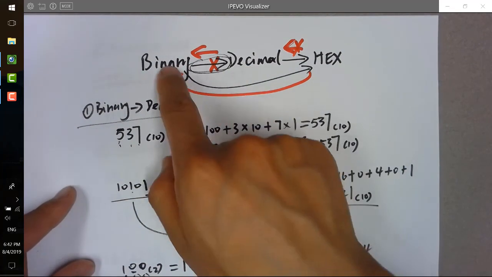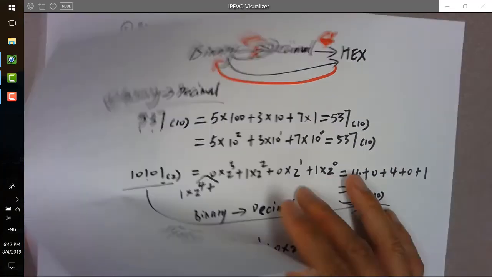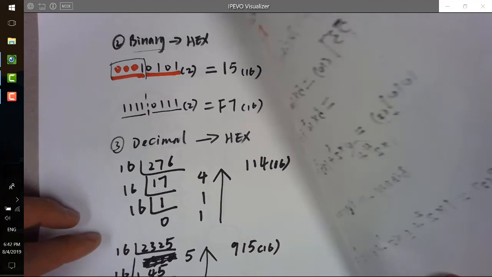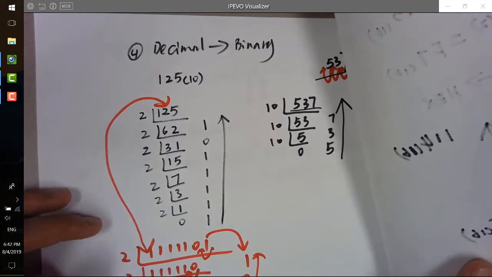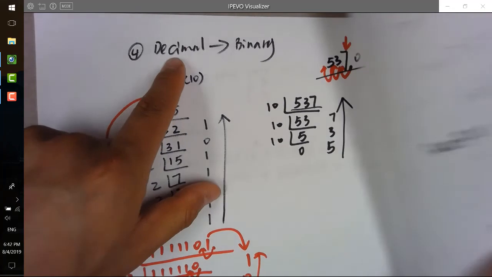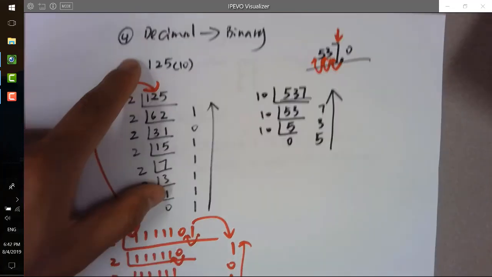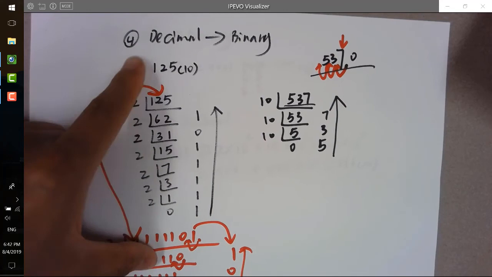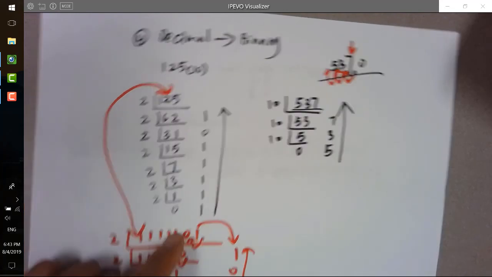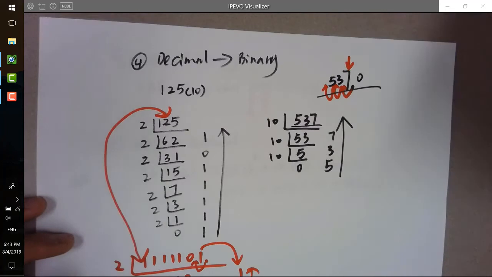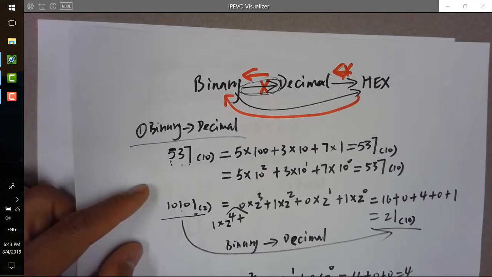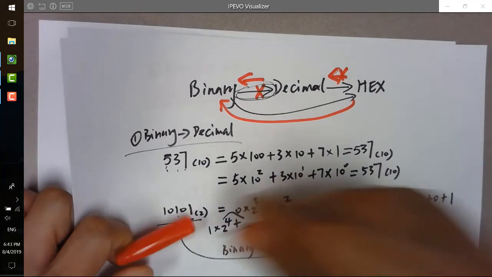So decimal to binary or hex to binary, which are the last two examples I gave to you. Decimal to binary, you do it in this way. You divide by 2 and you are exposing every single digit from right to left. So decimal to binary, we did it.